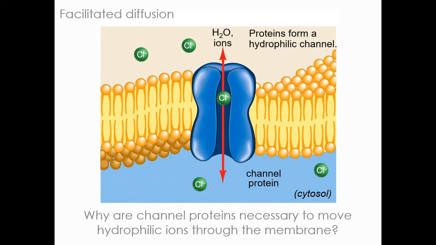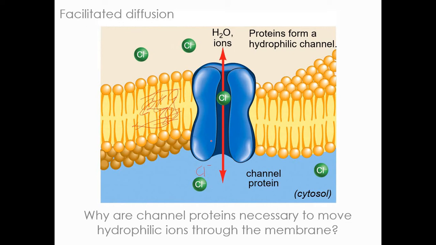So for example, in this case we have chloride, right? Chloride is negatively charged. So because it is negatively charged, it is polar. Right? It is negatively charged. So it is polar. So if it is polar, then that means it won't be able to pass through this non-polar lipid bilayer.